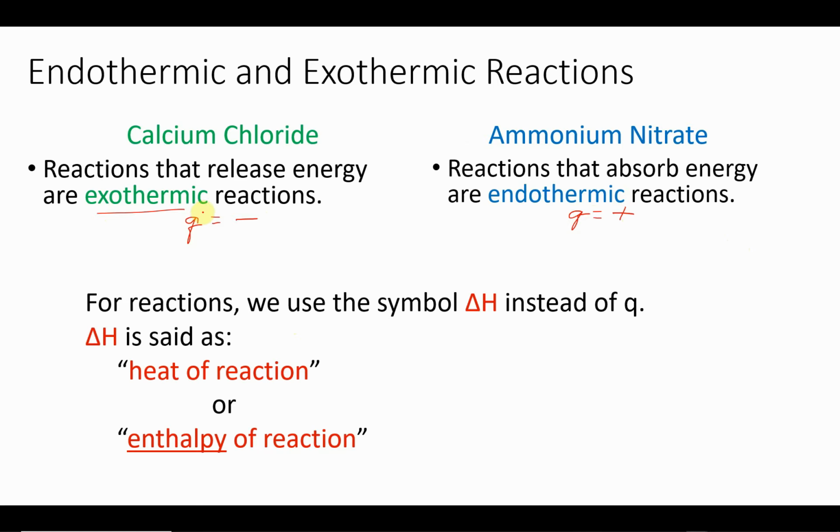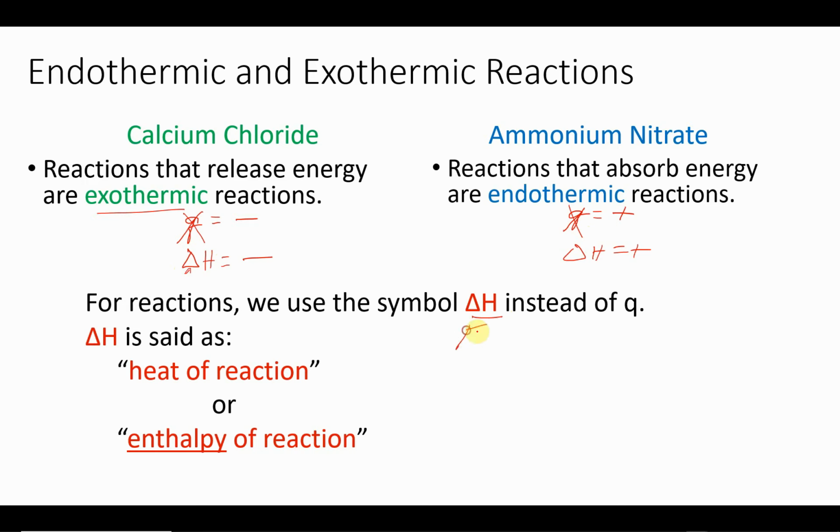Well, in reactions, we don't typically use Q like we do with just hot objects like those metals. We tend to use the symbol delta H. And you already know that this means change. But we would just say delta H is negative. Over here, the delta H is positive for an endothermic reaction. And you really can say delta H. But delta H is said other ways.